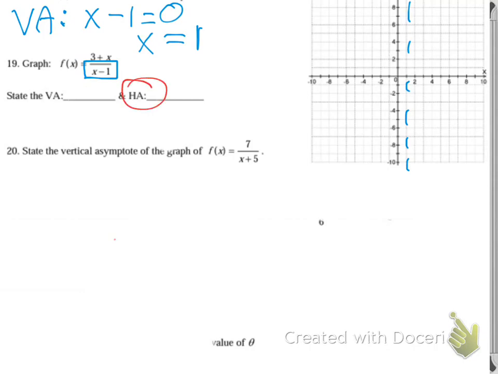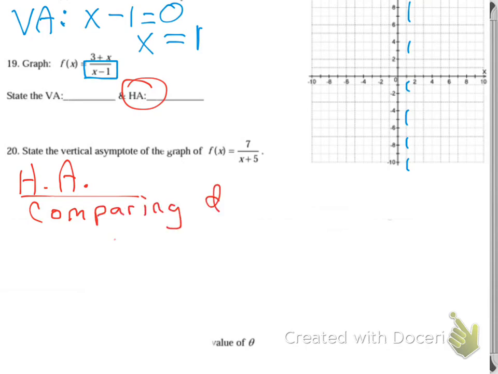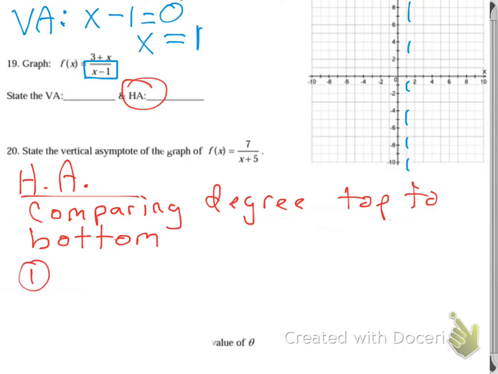Now there's 3 possibilities here. For the horizontal asymptote, you're always comparing the degree of the top to the bottom. And there's only 3 situations. Number 1, they're the same.